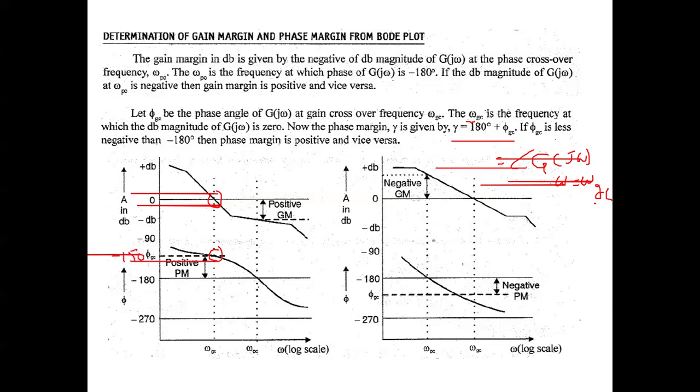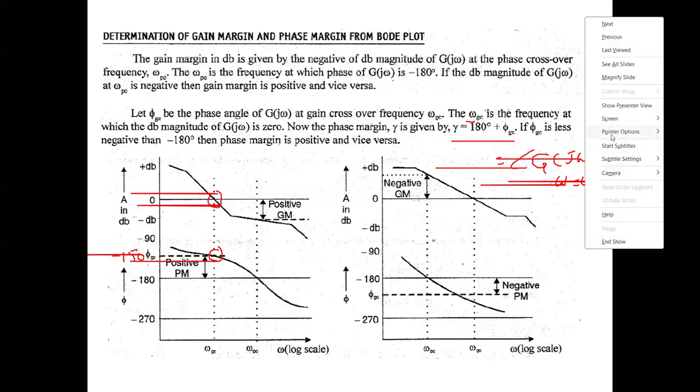Then what is the phase margin gamma? Gamma equal to 180 plus the angle, which is minus 150. So that is 180 minus 150, which is 30 degrees. Clear? In this way, we calculate the phase margin.